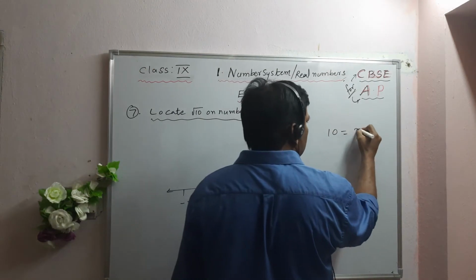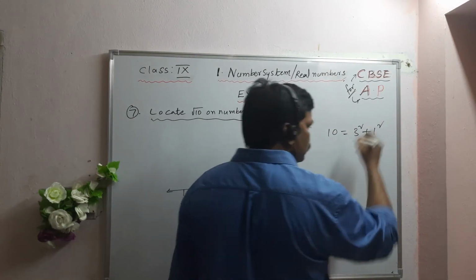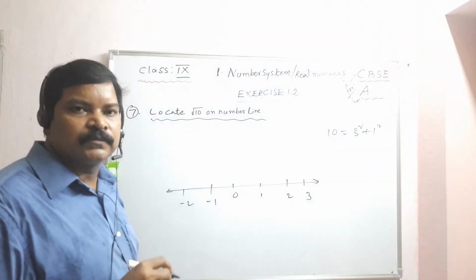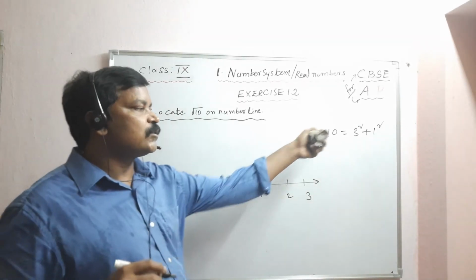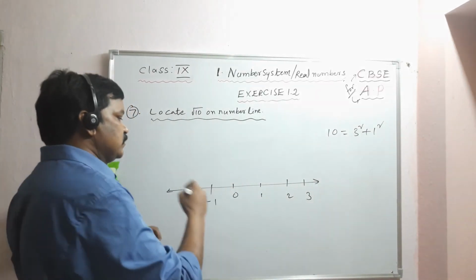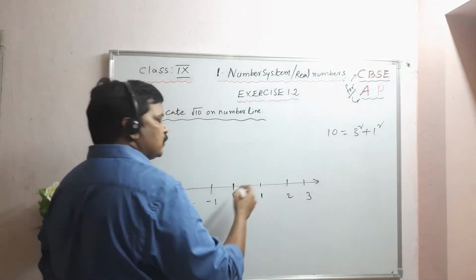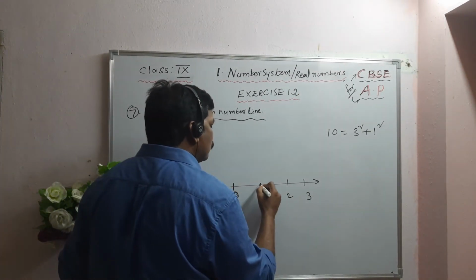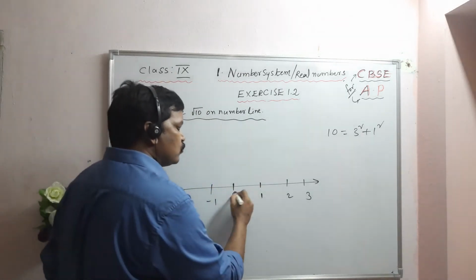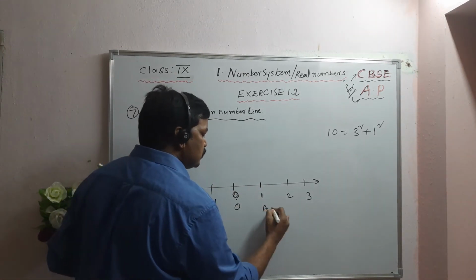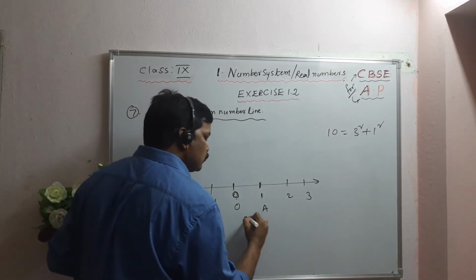See, 10 is equal to 3 square plus 1 square, no? Understand, children? 10 is equal to 3 square plus 1 square. Right. So this is O. This is 0. Take 1 unit from O. This is A. OA is equal to 1 unit.